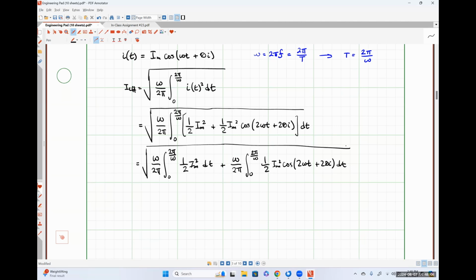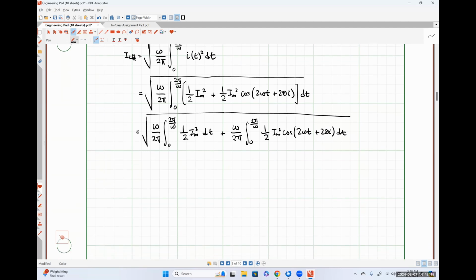So I'm going to draw a picture here that'll kind of help us sort out what's going on with that second integral there. So this is t.